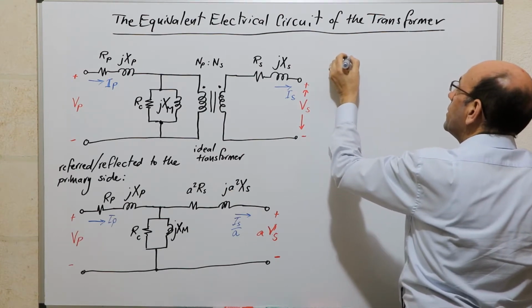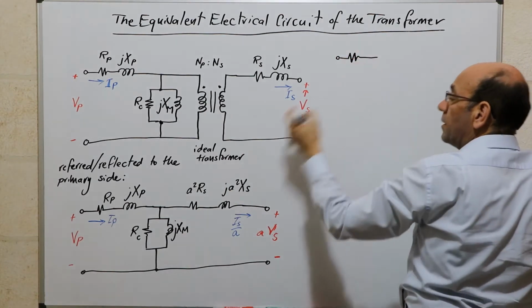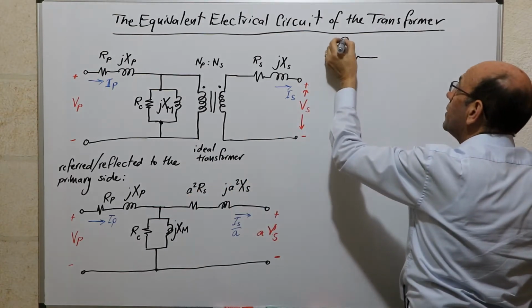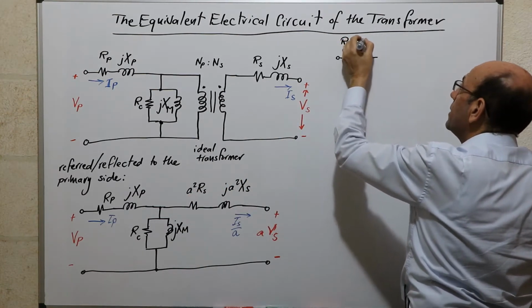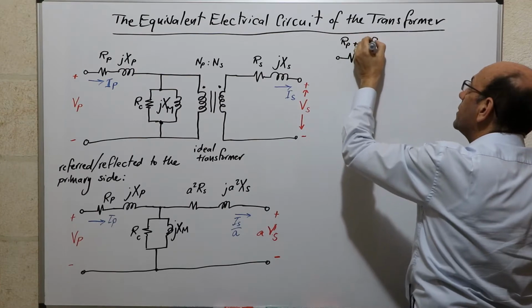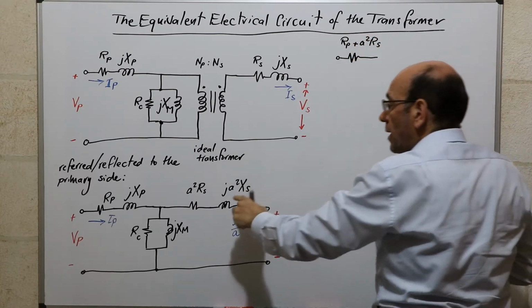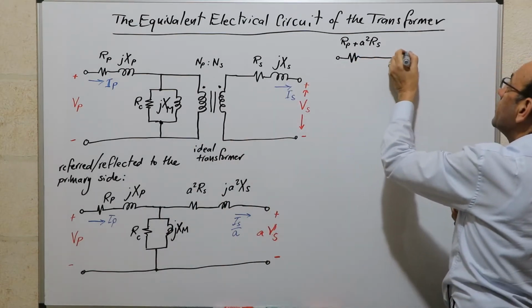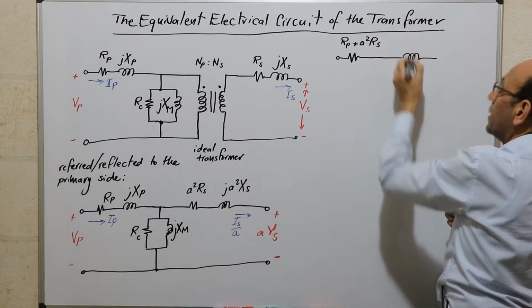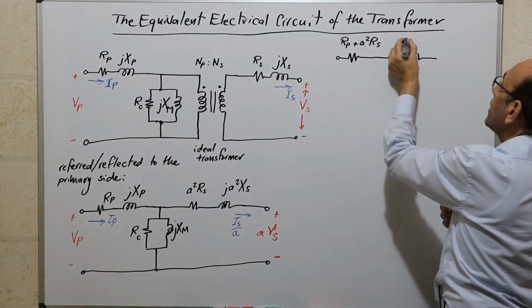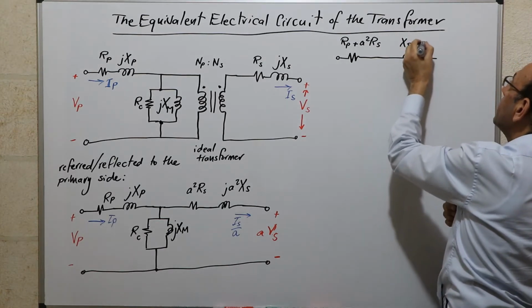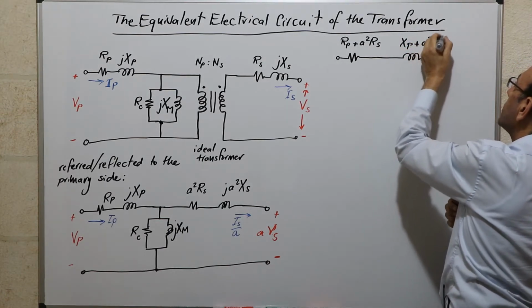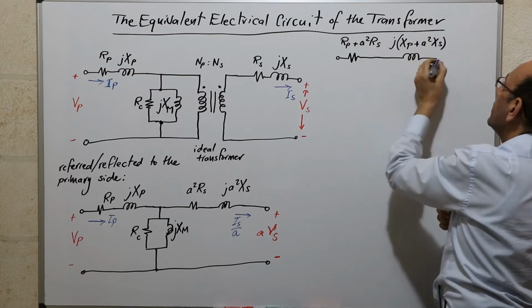So this becomes one resistor, and it has a value of R subscript P plus A squared R subscript S. And I can group this reactance with this reactance, and I would call it then XP plus A squared XS times j.